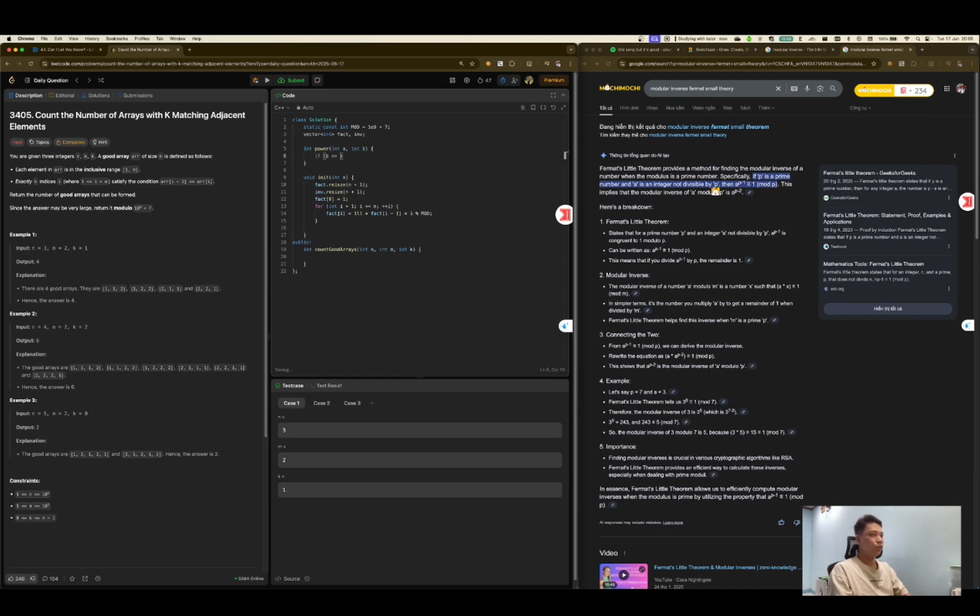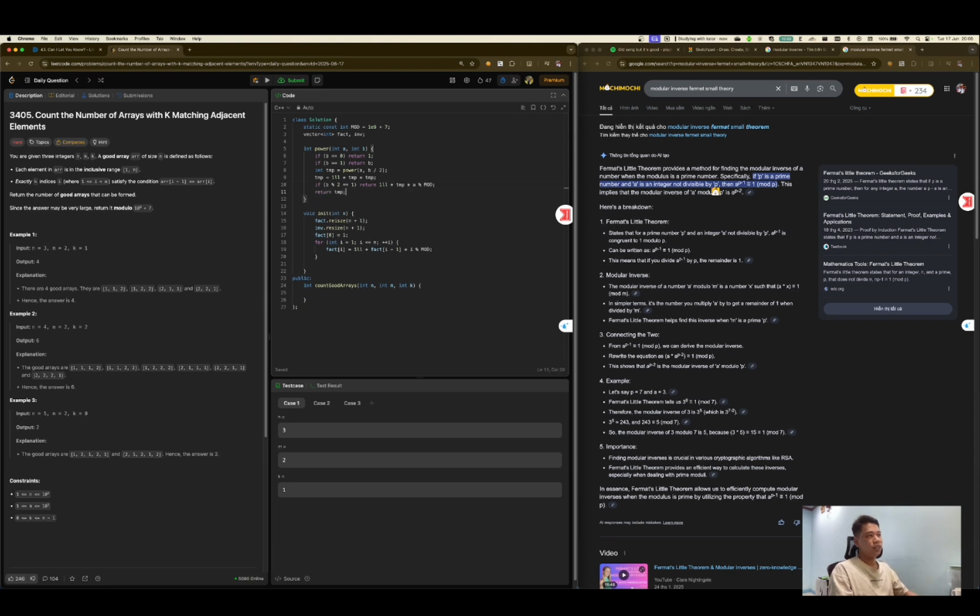If b equals 0, return 1. If b equals 1, return a. Then t is power of a and b divided by 2, half of b, and t doubled. In the odd case, we must multiply by one more a.